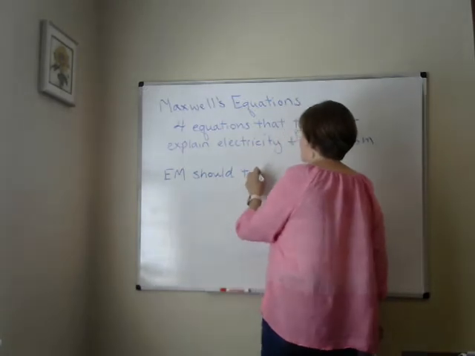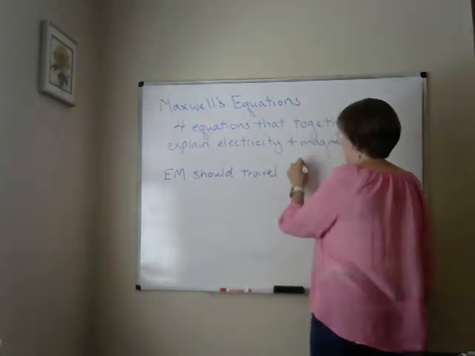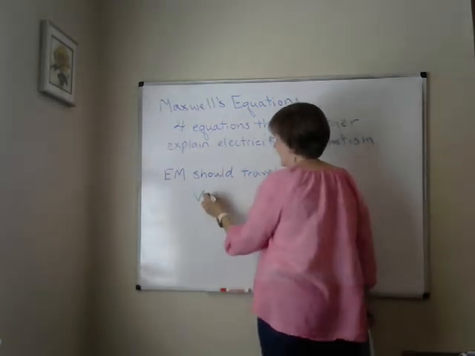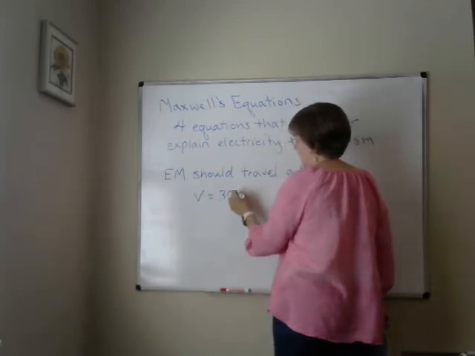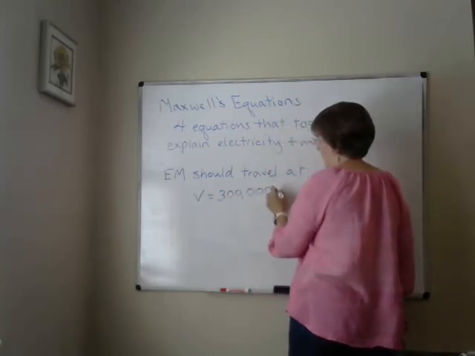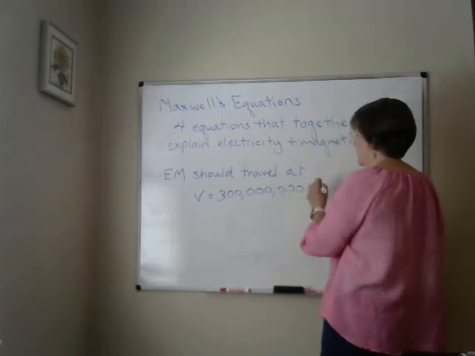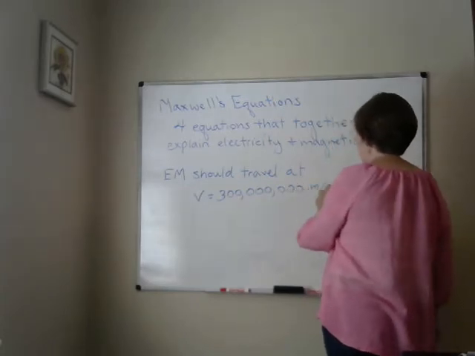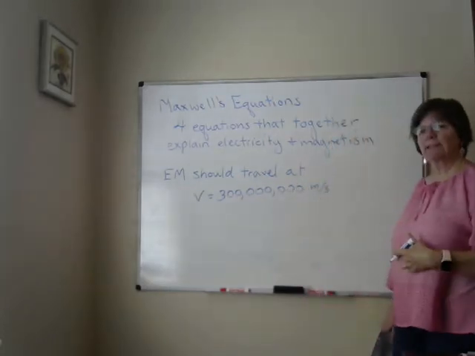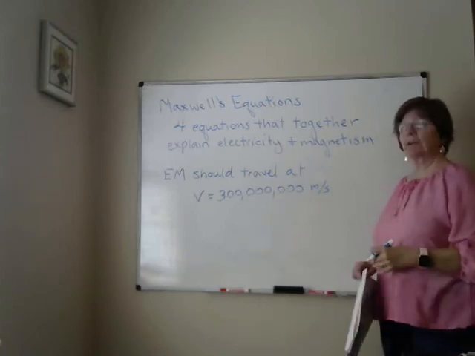And one of the things that came out of his work is that electromagnetic waves should travel at a velocity of 300 million meters per second. That was based on the constants that are in those laws.